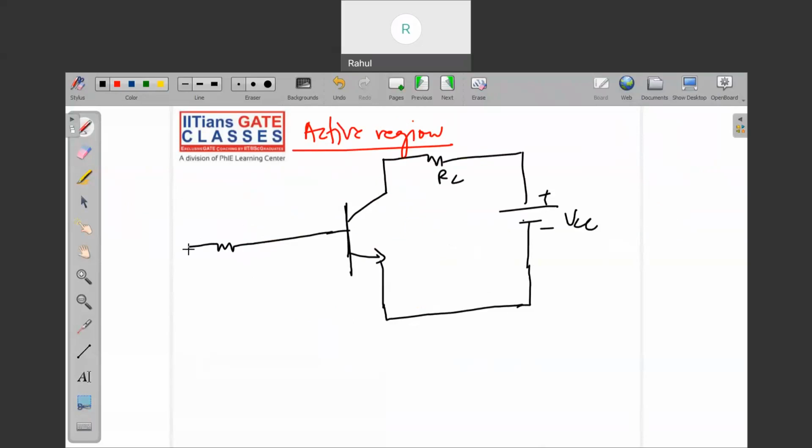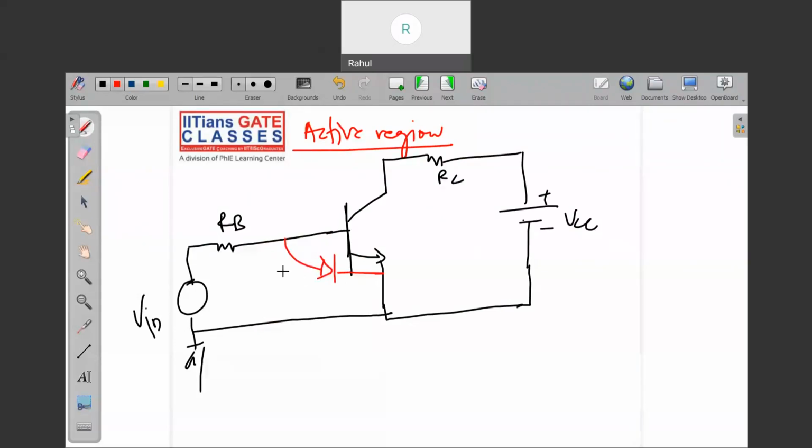There is an input connected along with RB, this is Vin, right. So there is a diode again, you can see there is a diode connected here, on, right. In order to make the diode on, you need 0.6 at least. So this potential between these two should be greater, only then will it turn the diode on. Otherwise it will be in reverse bias if the potential is less than 0.6, right?